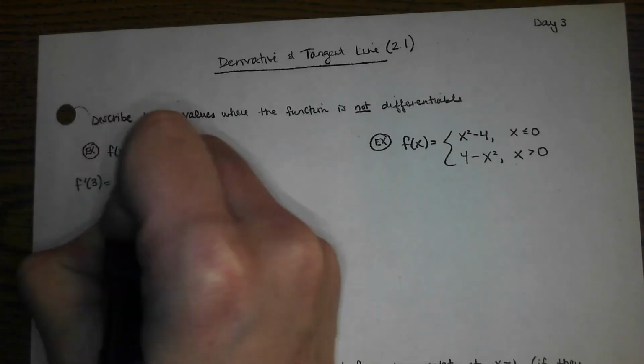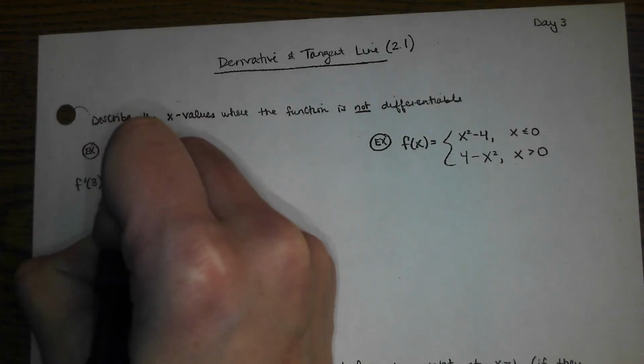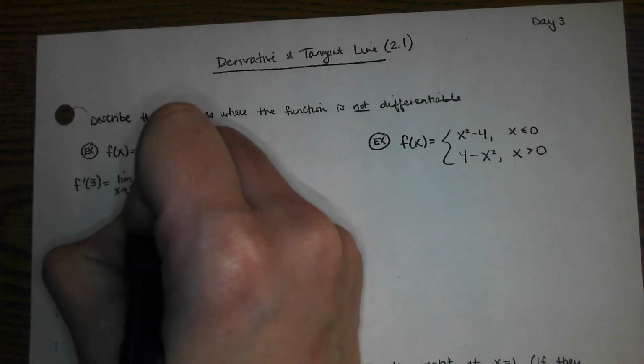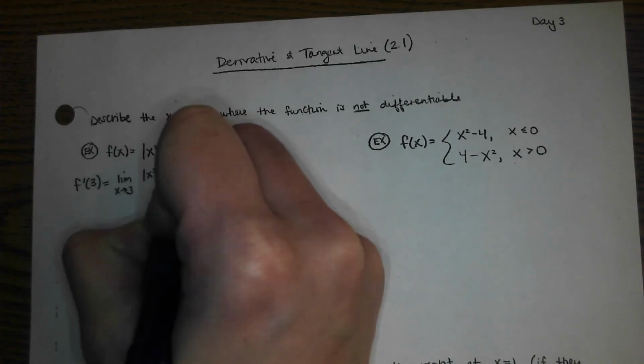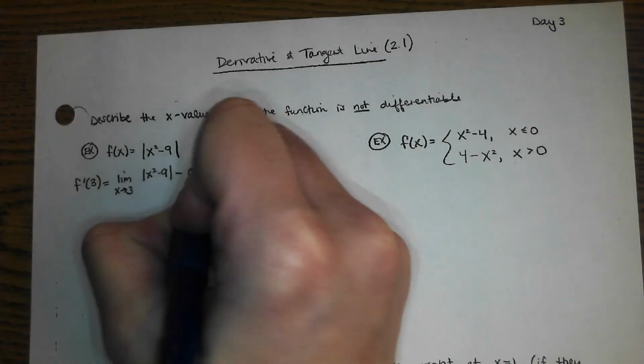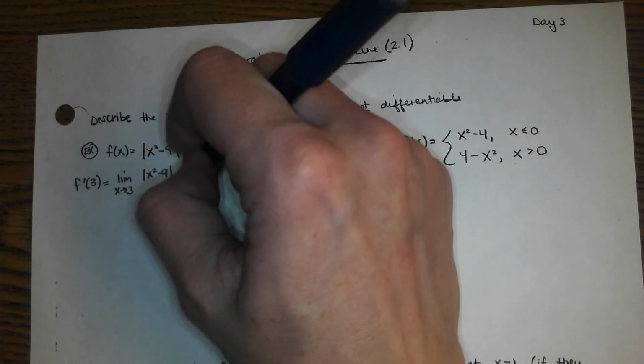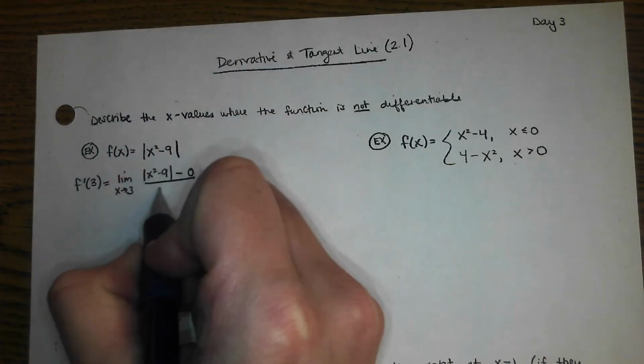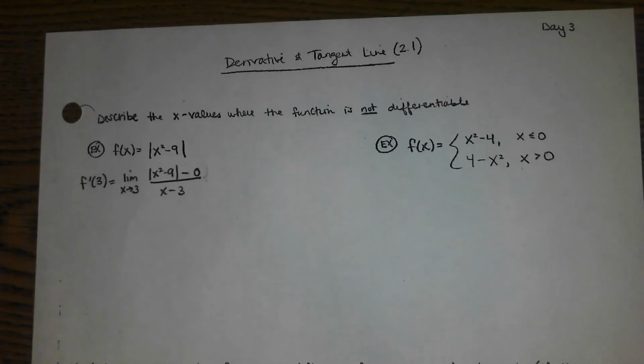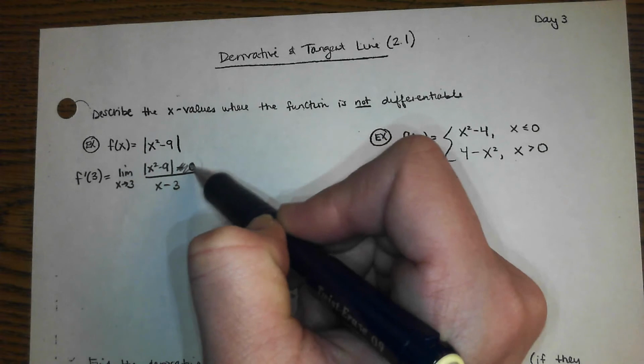And with the alternate form of the derivative, that would be your limit as x approaches 3 of f of x minus f of 3, which would be 0, over x minus 3. Now, the minus 0 means nothing.